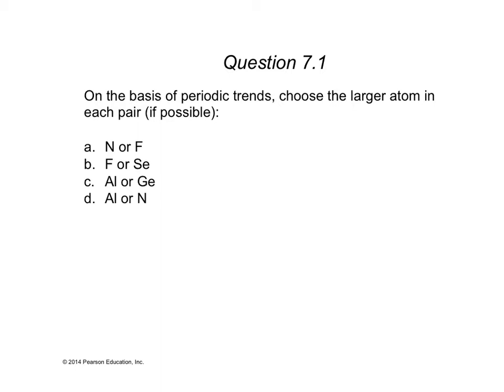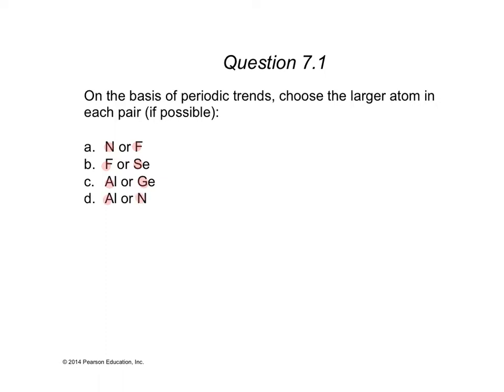Okay, so here's a question. This would be very similar to the type of question you'd see on an exam. Just on the basis of trends, I want you to tell me which is the larger atom in the pair that I present to you. For A, I want to know who is bigger, nitrogen or fluorine. In B, fluorine and selenium. C, aluminum or germanium.